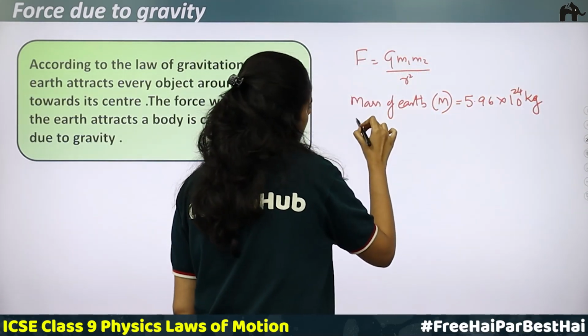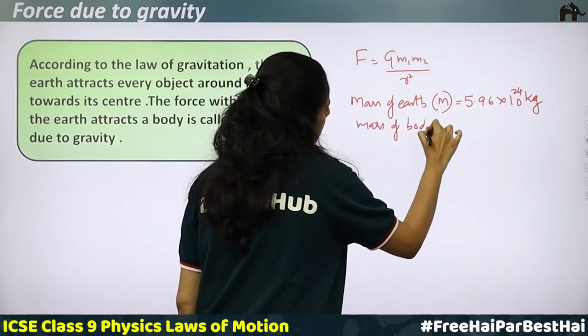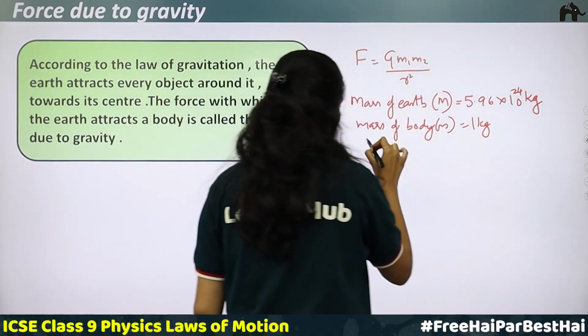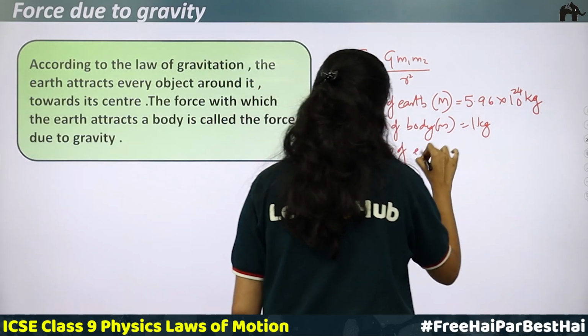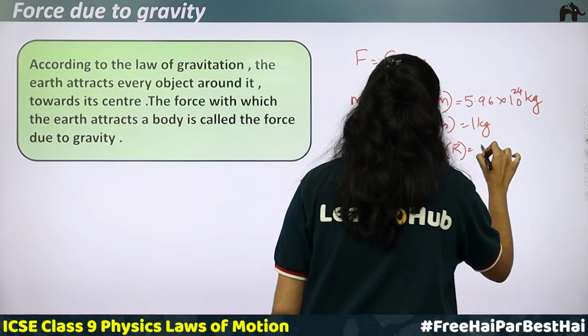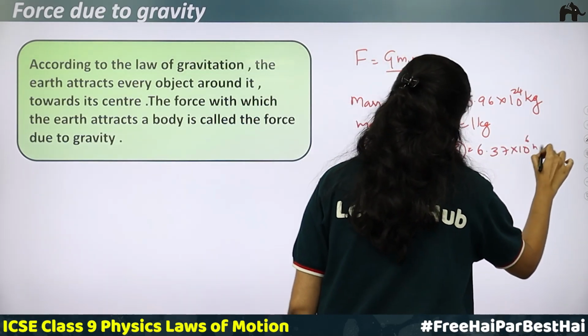Okay, and let the mass of body be m is equal to 1 kilogram. Then radius of earth, capital R is equal to 6.37 into 10 raised to 6 meter.